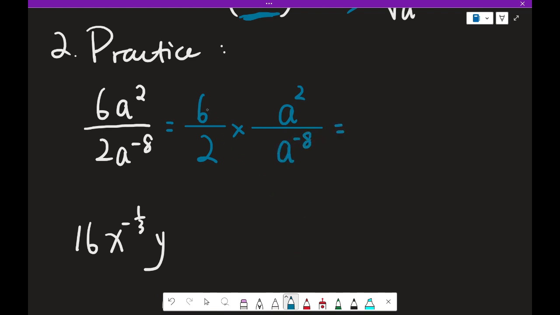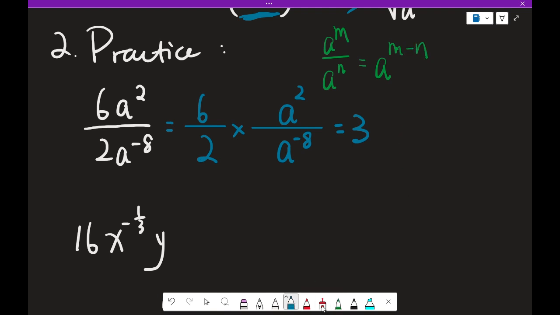So what is 6 over 2, which is simply 6 divided by 2, we get 3, and a to the power of 2 over a to the power of negative 8. As we learn from the identity, whenever we have something like a to the power of m over a to the power of n, that gives us a to the power of m minus n.